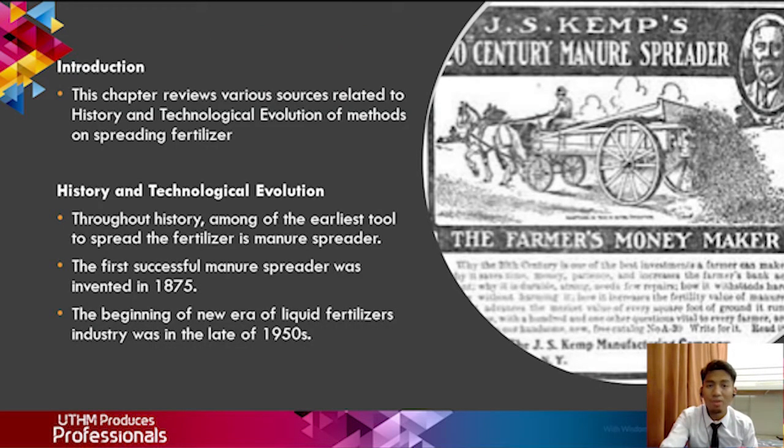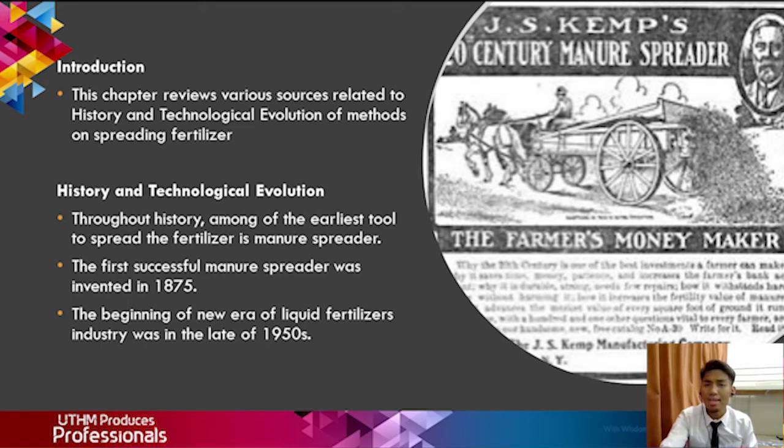While for history and technological evolution, manual spreaders were among the first tools used to apply fertilizer throughout history. A manual spreader is a vehicle that has a continuous web that transports manure back to a beater attachment. In 1875, the first practical manual spreader was created, while in the 1940s, dry fertilizer components were made for direct distribution by spreaders.